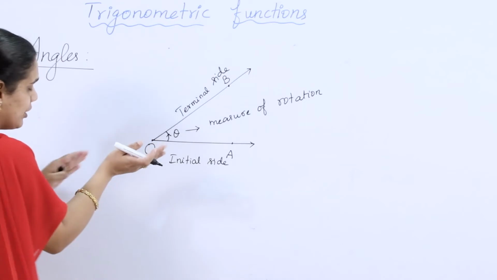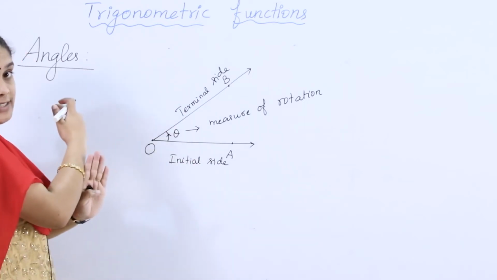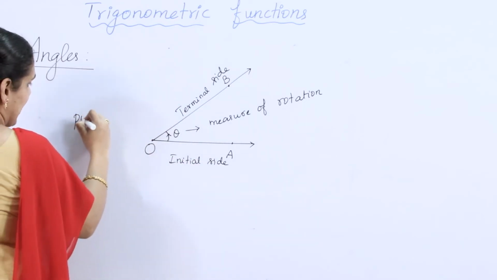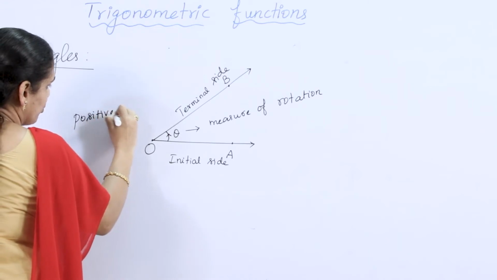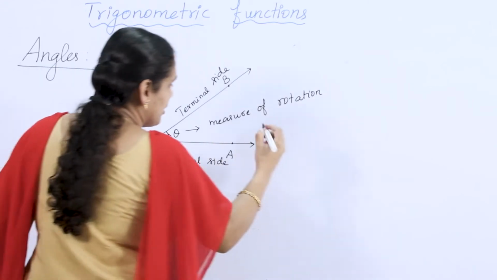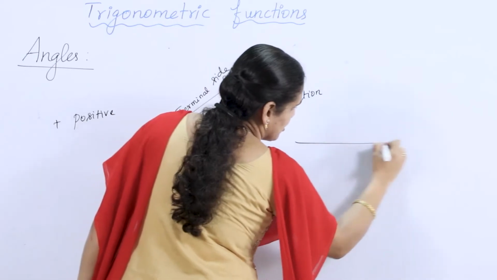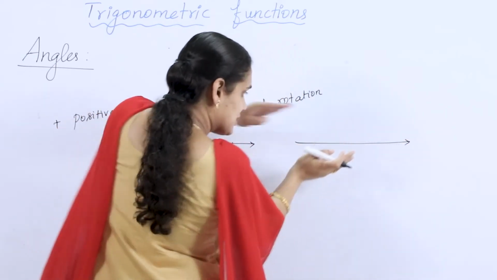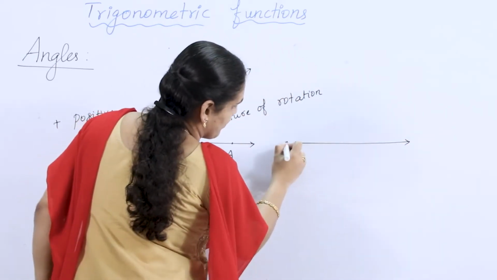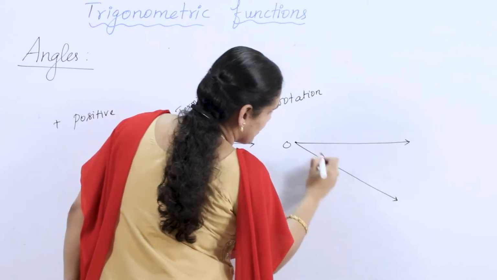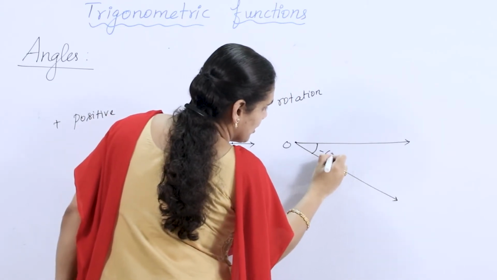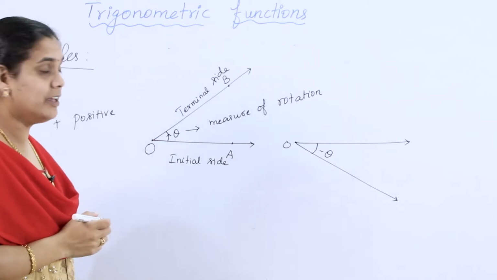If we rotate the ray anti-clockwise, then this angle will be positive. And if we rotate the ray clockwise, below, then we take the angle negative.